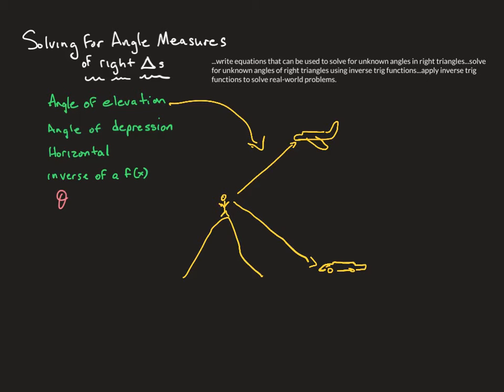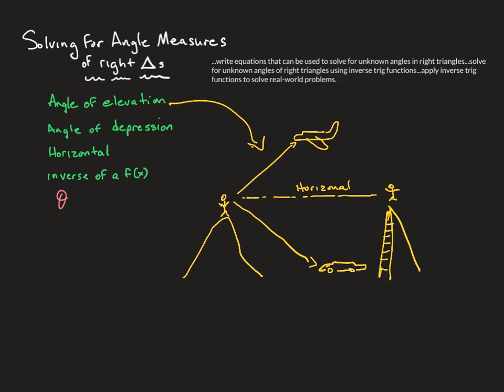So just understanding that. And then of course the horizontal would be if I am looking straight across to somebody else on another mountaintop, and they used a ladder to get up. They cheated. If I'm looking straight across, this would be considered a horizontal.